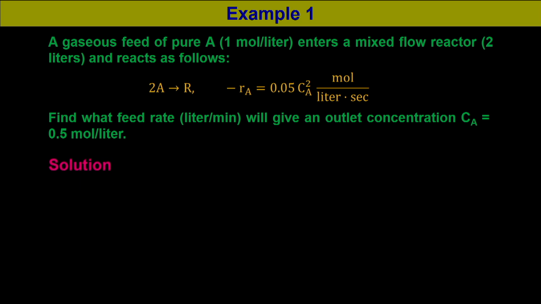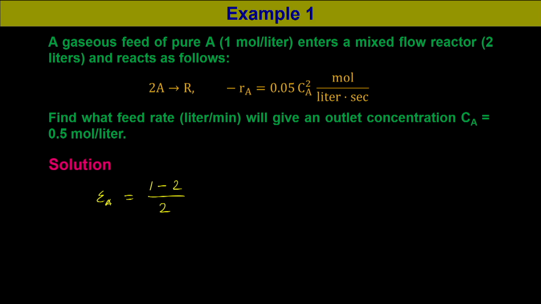So, let us solve it. The first thing we have to do is the evaluation of epsilon, that is the fractional change in volume. Epsilon A would be equal to 1 minus 2 divided by 2.